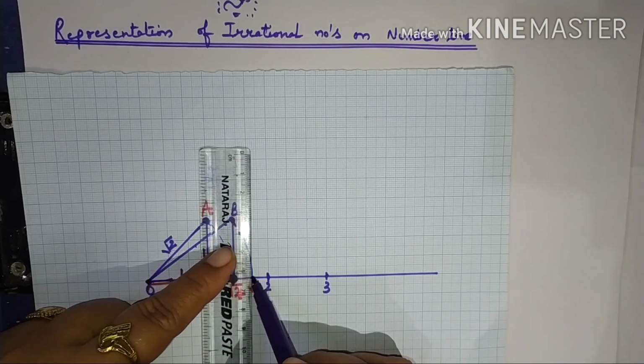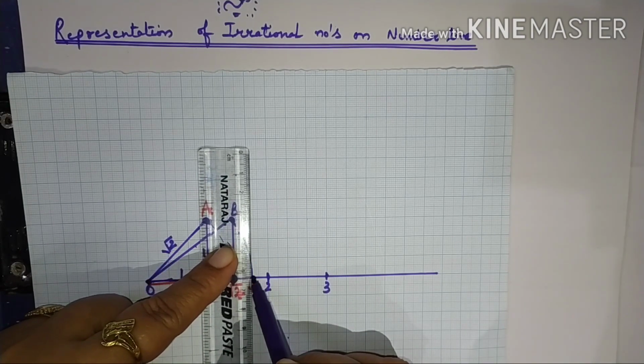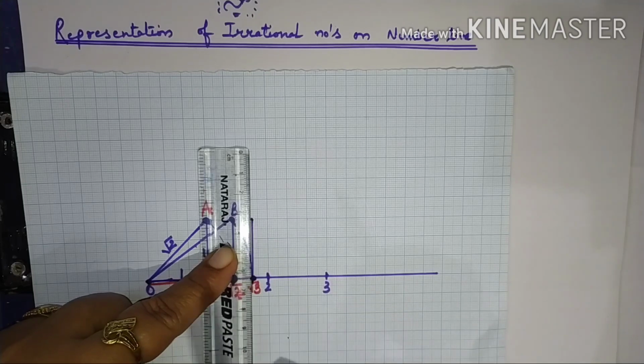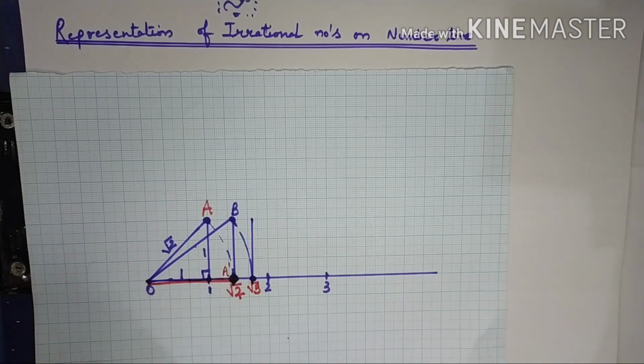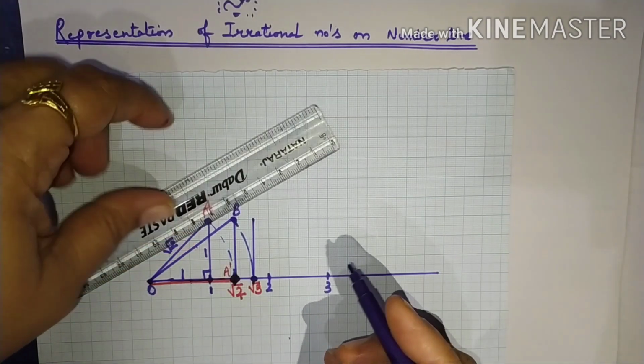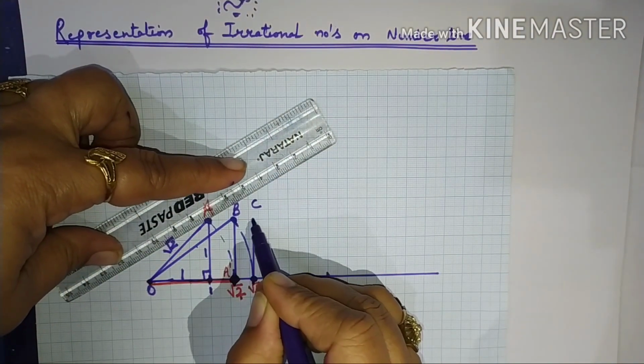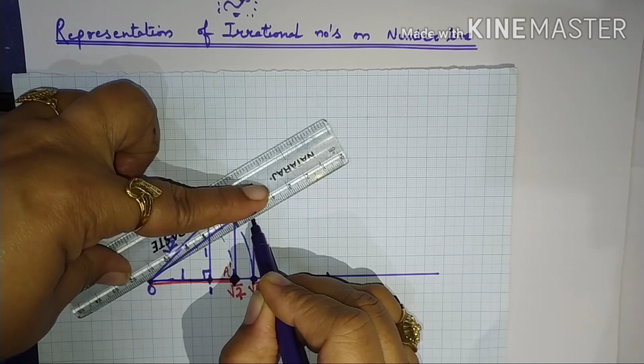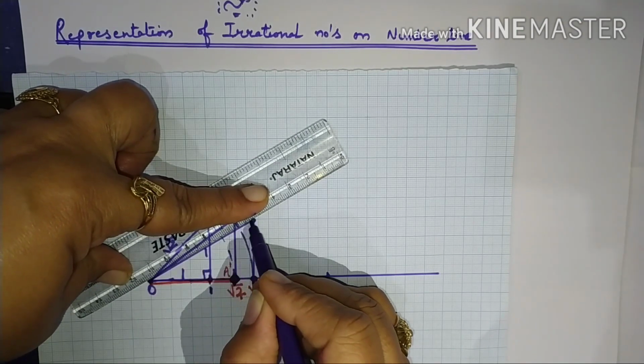From here I take the perpendicular unit, and this is C, and this OC will be root 4.